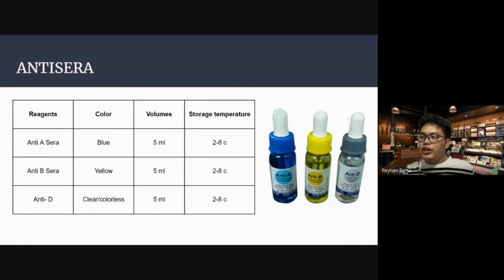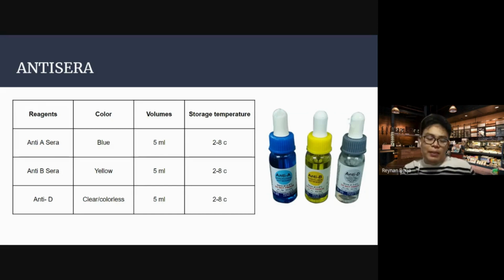Okay, wala siyang Rh antigen dyan. Pag AB, di ba, wala siyang antibodies na A and B. So, safe siyang i-transfuse kasi wala siyang foreign antibody na possible na mag-react.